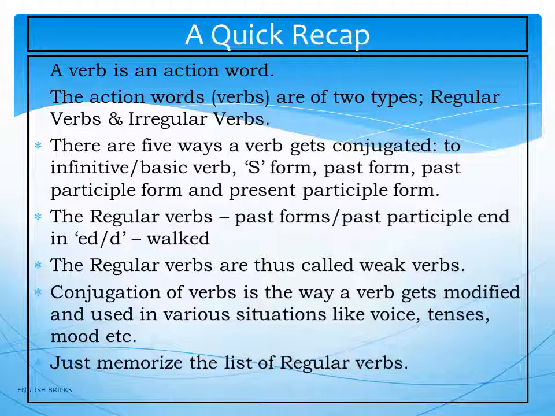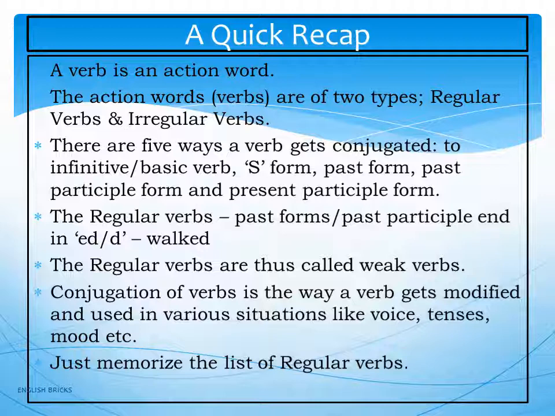And the regular verbs, the past forms and the past participle end either in ed or sometimes in t. The regular verbs are thus called the weak verbs. This is traditionally felt because in the irregular verbs there's a change in the vowel, but for the regular verbs it's the same.